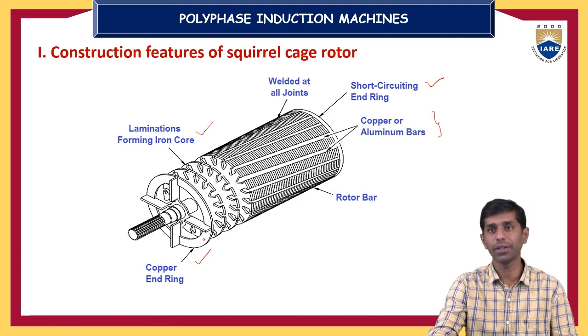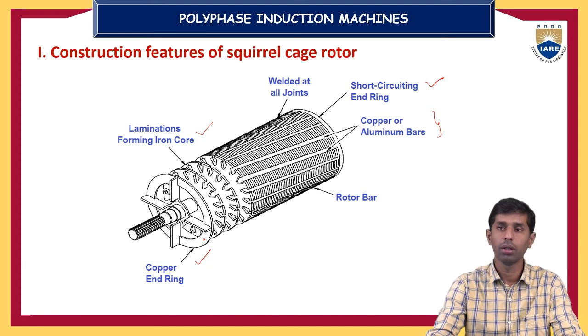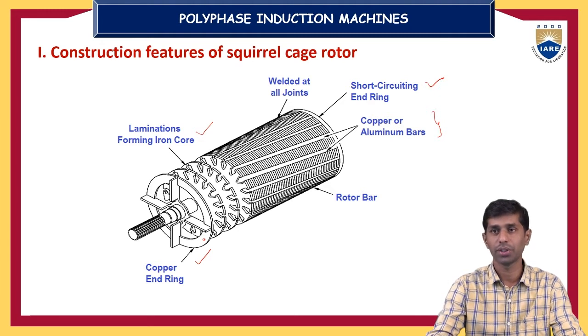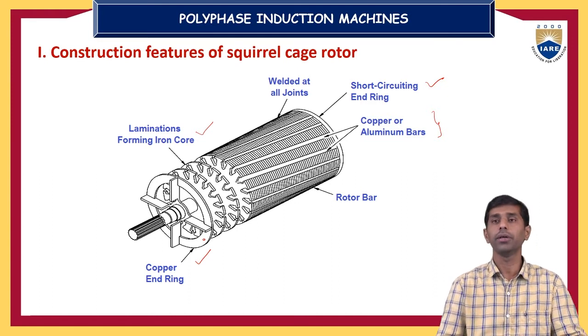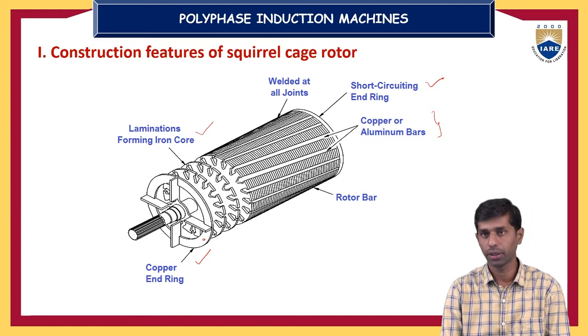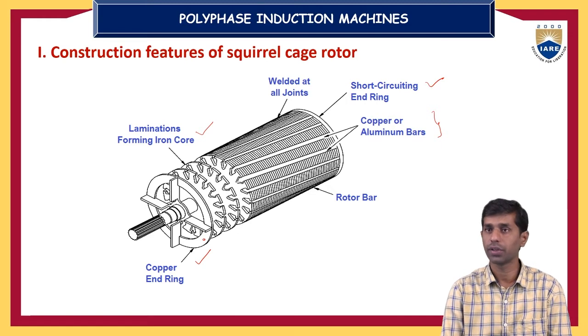According to that relation, the rotor laminations are very thick because the induced EMF frequency is very low. That is why a thick laminated rotor core is generally preferred in squirrel cage rotor structures in a three-phase induction motor.